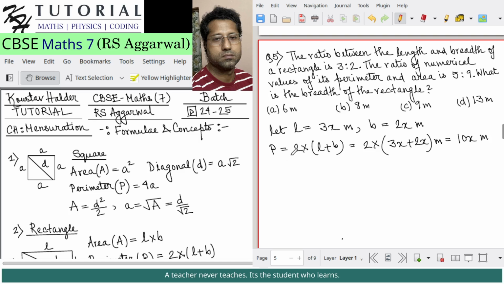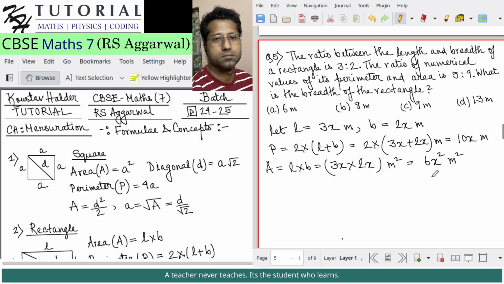And what is the area? Area will be length into breadth, which is 3x multiplied by 2x, which is equal to 6x square meter square.